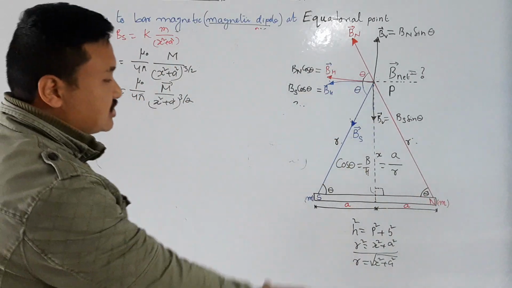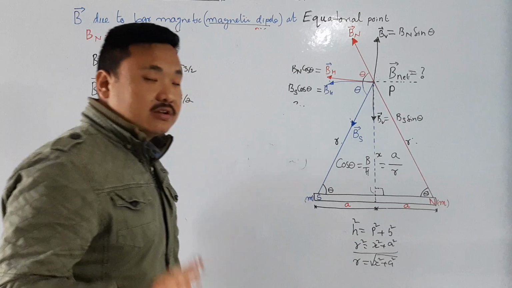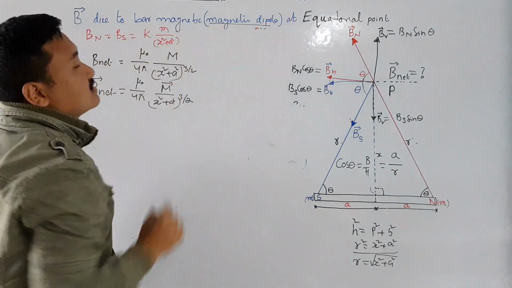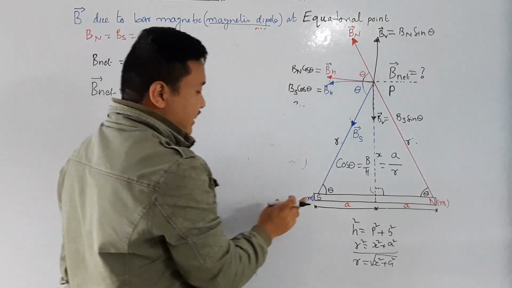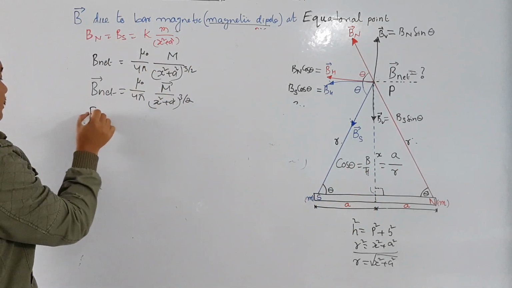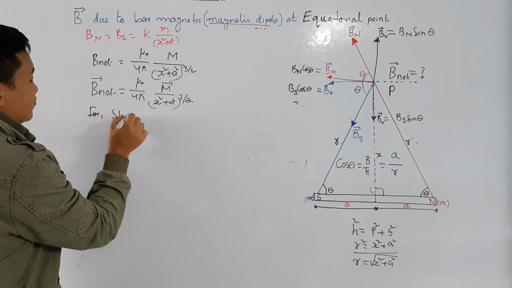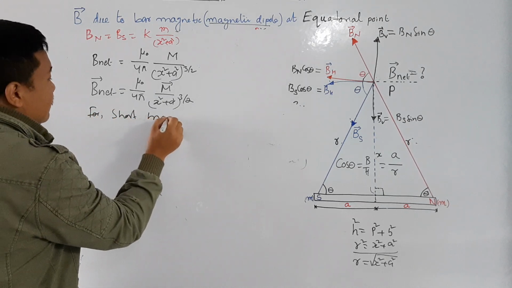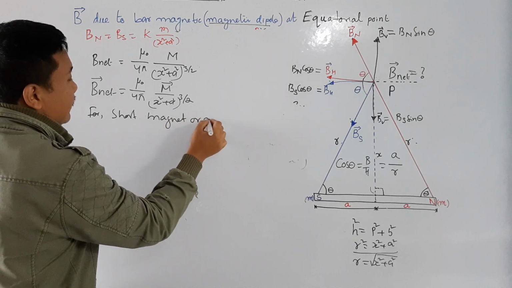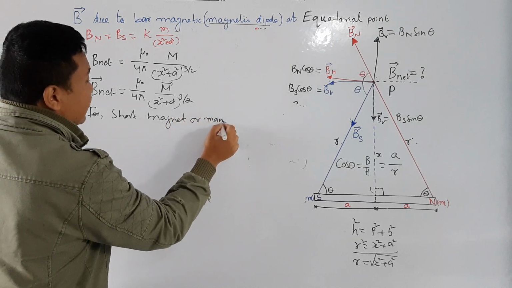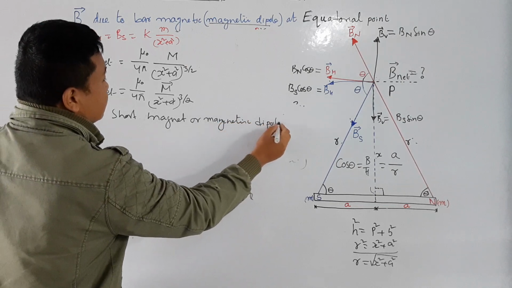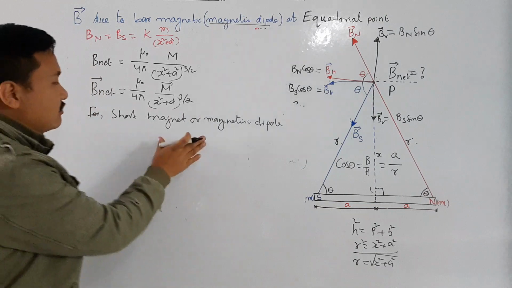Now for a very short bar magnet, this bar magnet you can also call a magnetic dipole, because I have got two poles of the magnet. So both are the same, magnetic dipole or magnet.